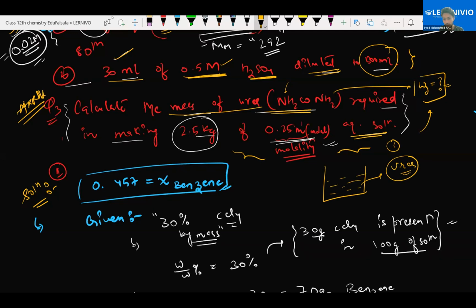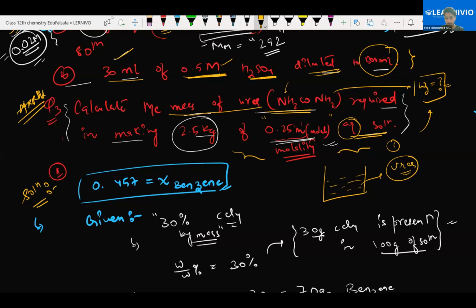If aqueous solution is used, it means the compound is dissolved in water. So urea is the solute, and water is the solvent. And the molality is given to me.